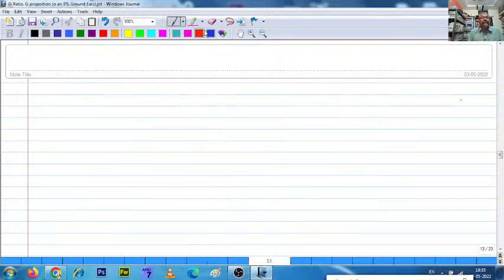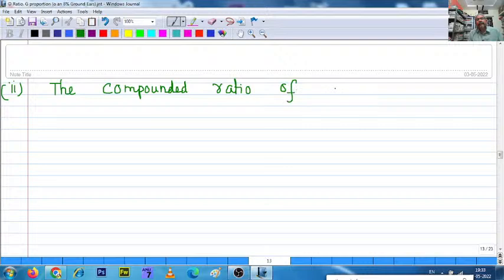So let us proceed to the second example. The compounded ratio of 2 is to 3, 3 is to 4, and 4 is to 5.